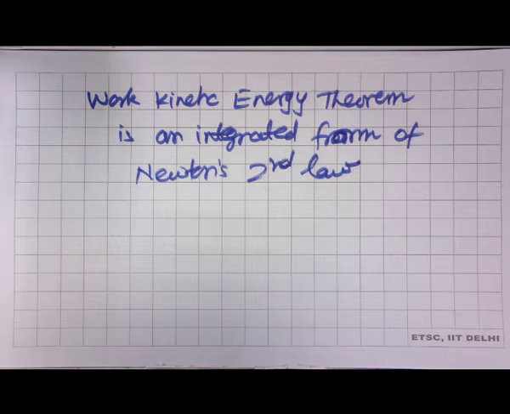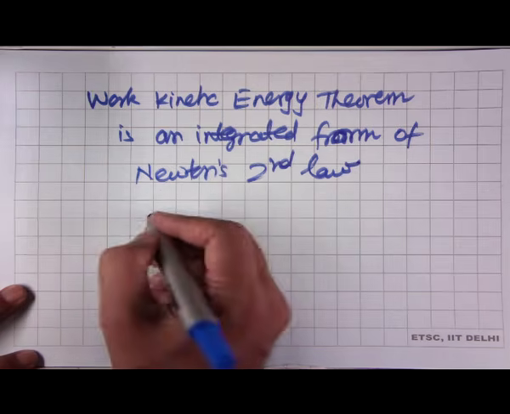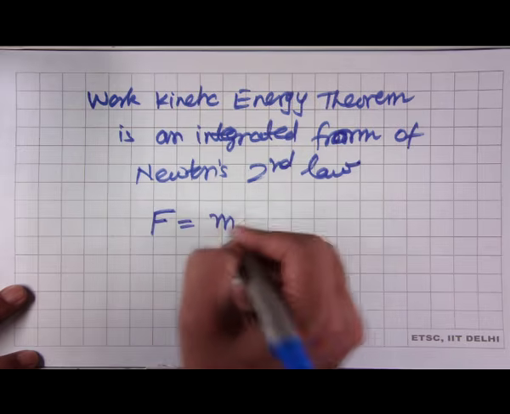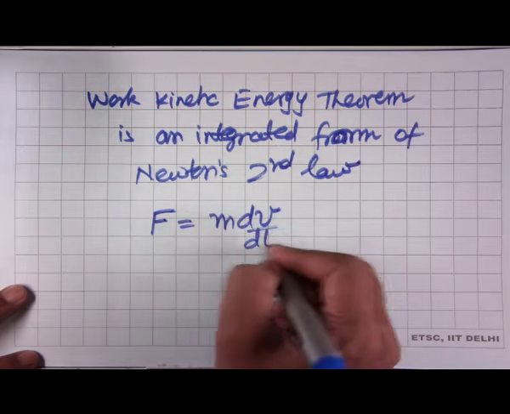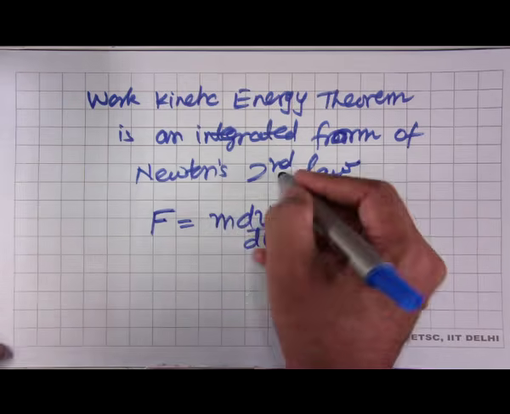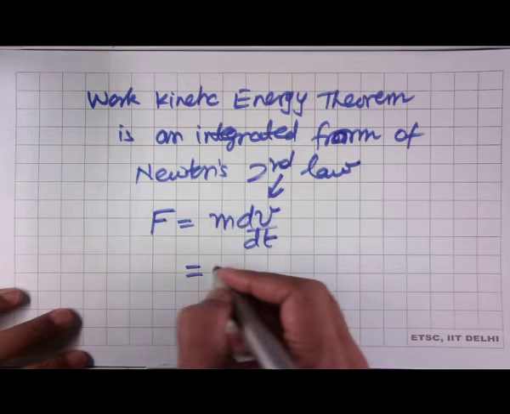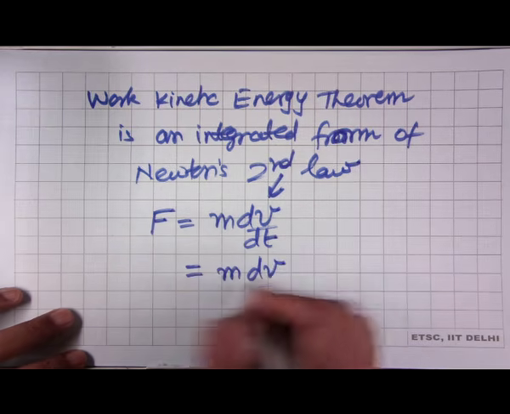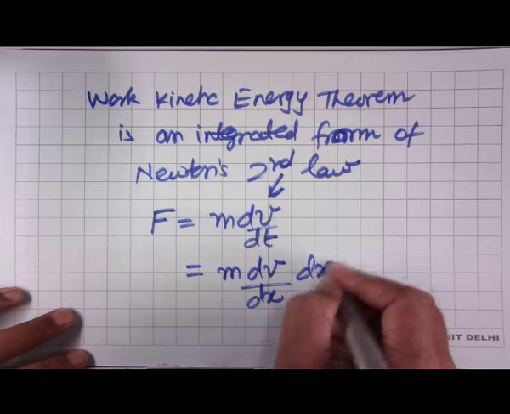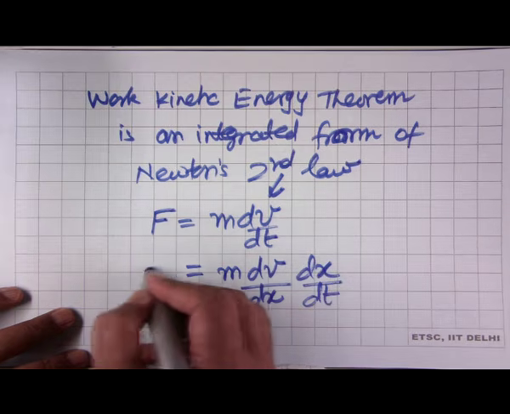And this we can also see if we look at simple one dimensional motion. If we look at F is equal to m times dv by dt, m times acceleration, this is Newton's second law, and this we can write as m times dv by dx into dx by dt using the chain rule.